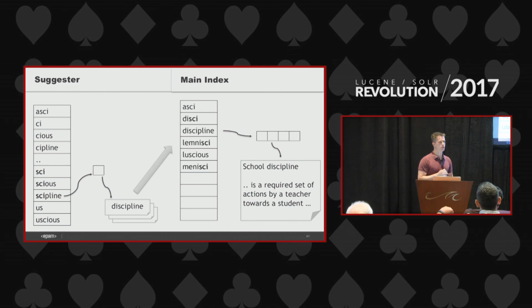Okay, the question is how we can pick between science and discipline. If I search for sci star, I could get back science or discipline. Both are legit results. Do you then run two queries?